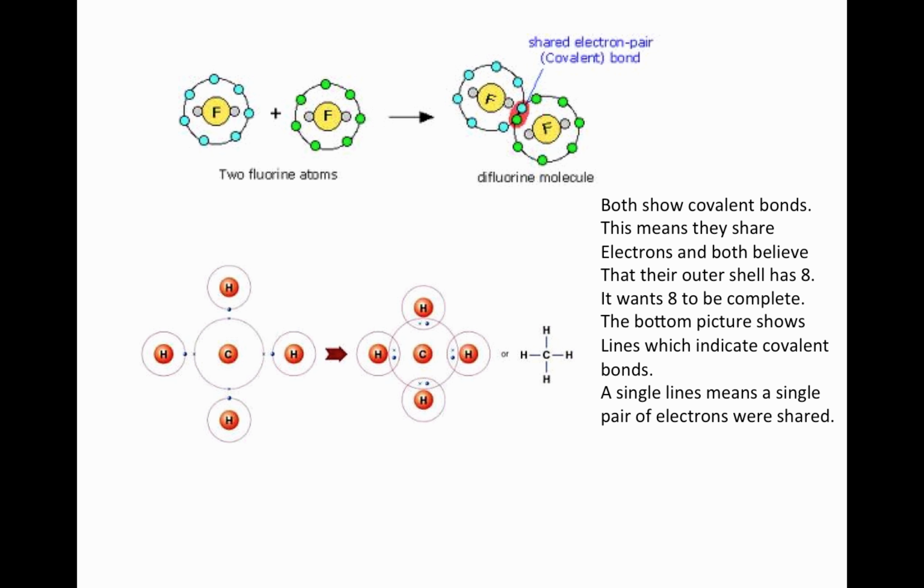If you count all the little blue dots, you will see that there are 8 electrons now, and carbon is getting 4 from hydrogen, 1 from each hydrogen. And the line indicates a single covalent bond. It means 1 pair of electrons. Now, these bonds can also be polarized.